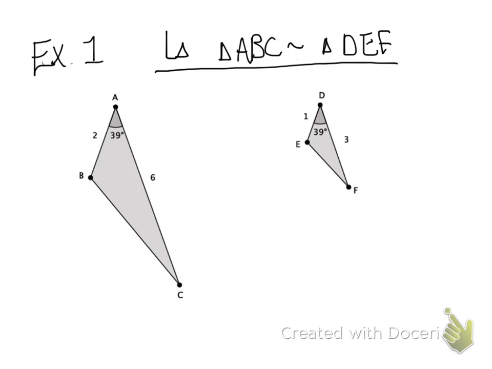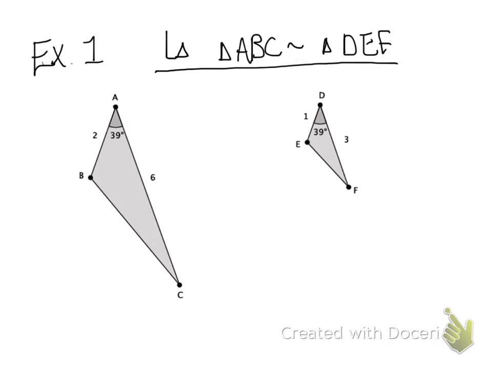All right, so let's look at this. We only have one angle, so we can't use the angle-angle criterion to determine if these two triangles are similar. So we're going to have to do something else, and we're going to use the fact that those side lengths appear to be proportional to do this.